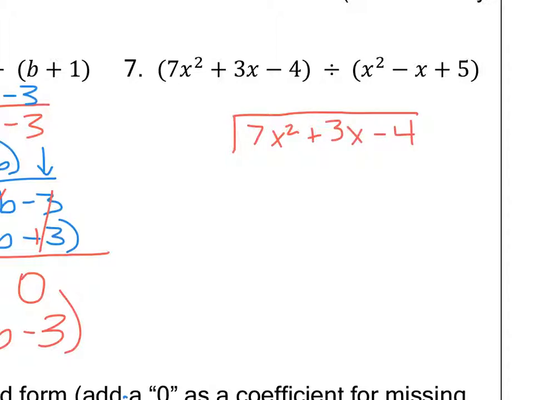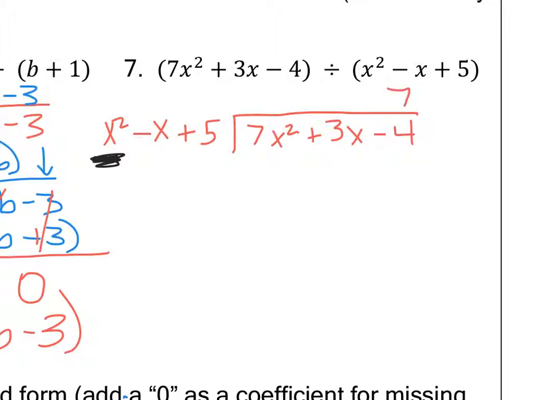We want to divide into that x squared minus x plus 5. Okay, same process. We're only worried about the very first term as to what it can divide into. So the question is, how many times can x squared go into 7x squared? Well, that's going to be 7.